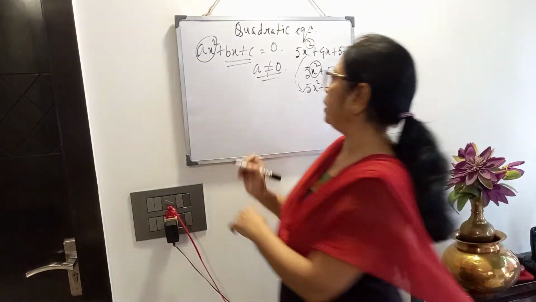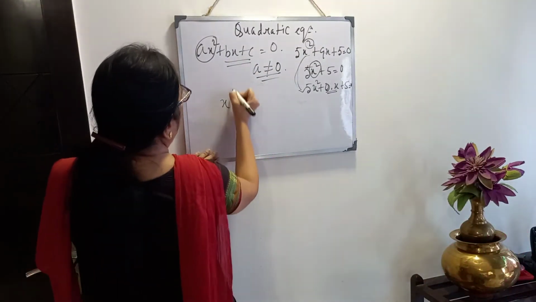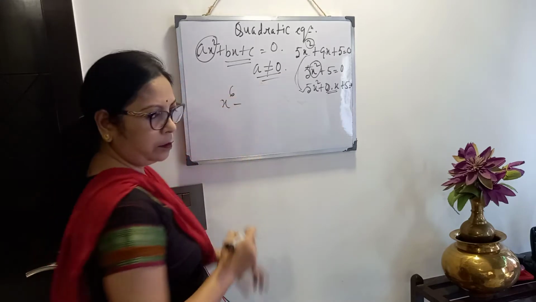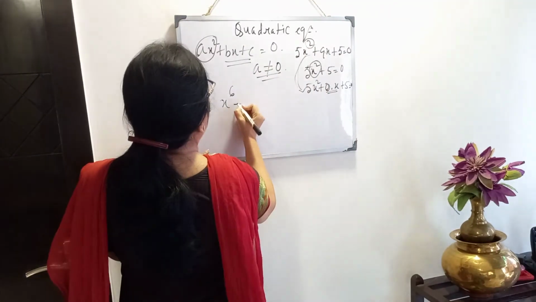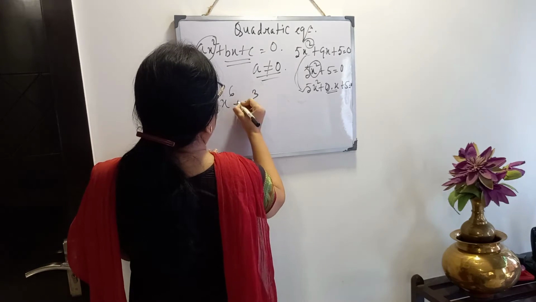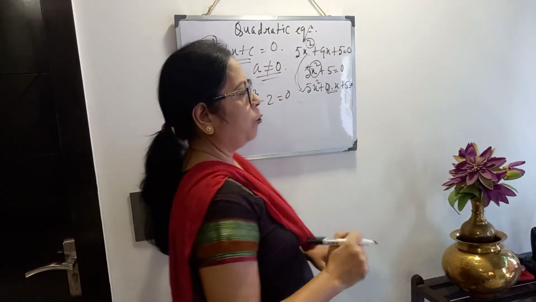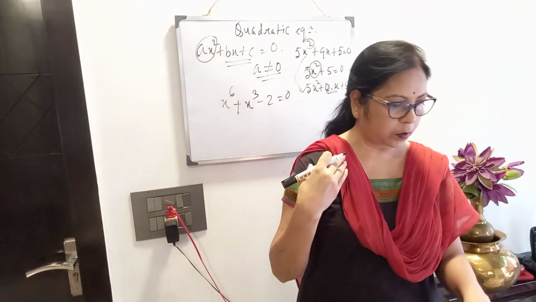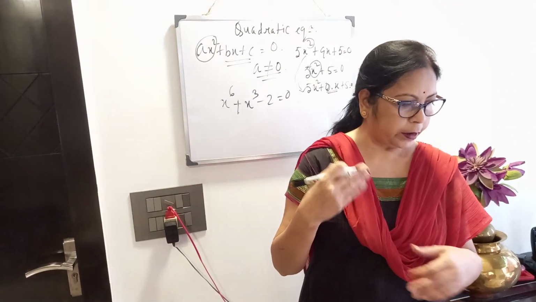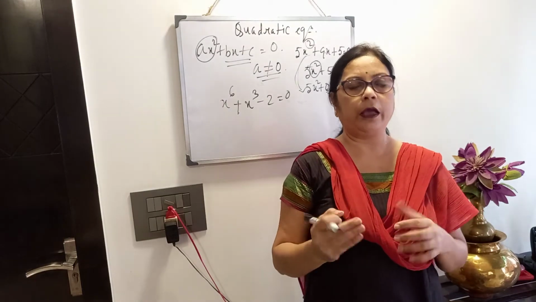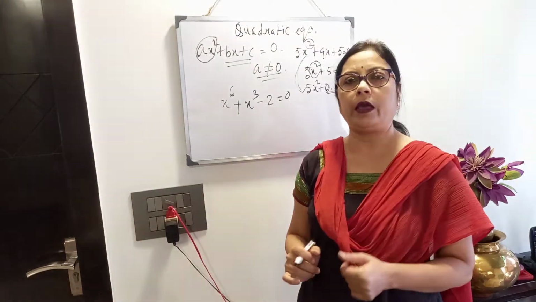Okay, now I am writing one equation: x to the power 6 plus x cube minus 2 equal to 0. Now the question is that with respect to which term the equation will be a quadratic equation.